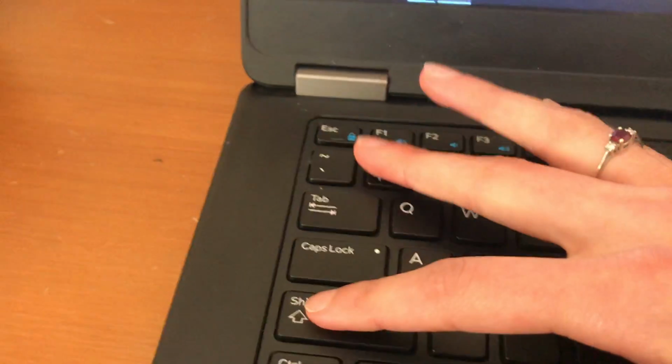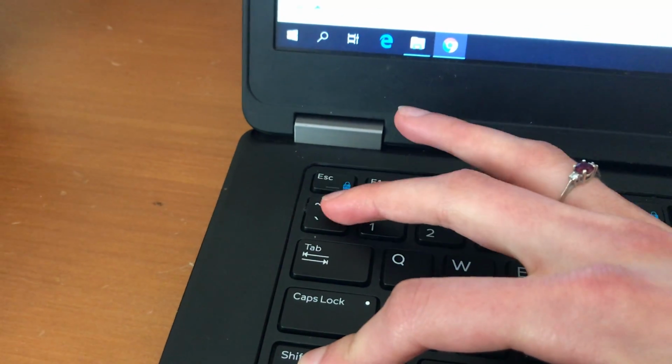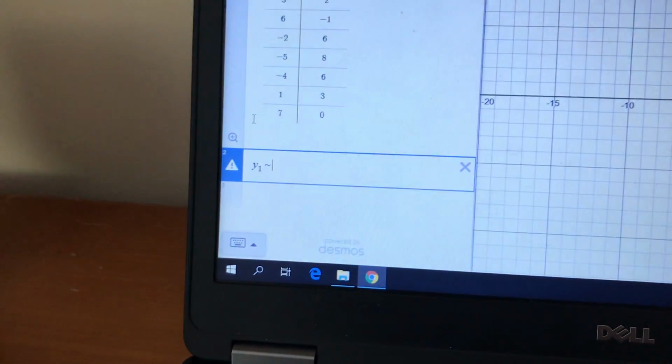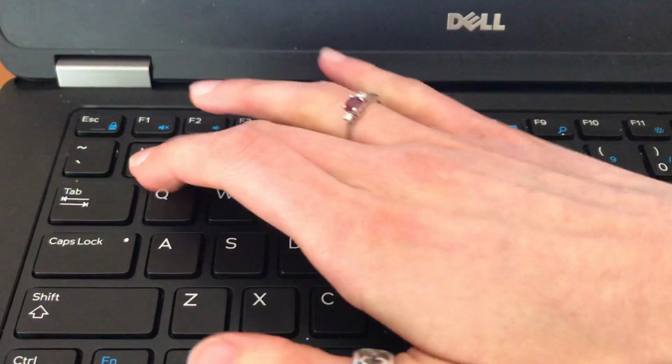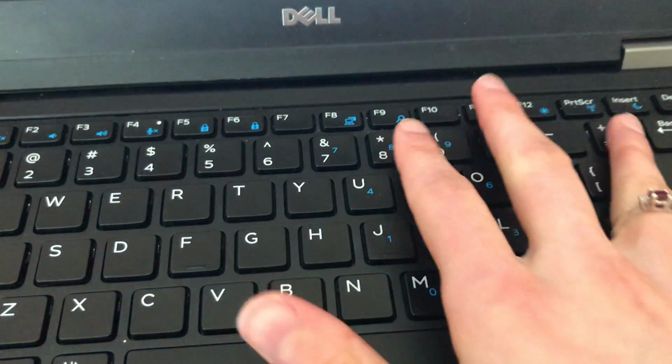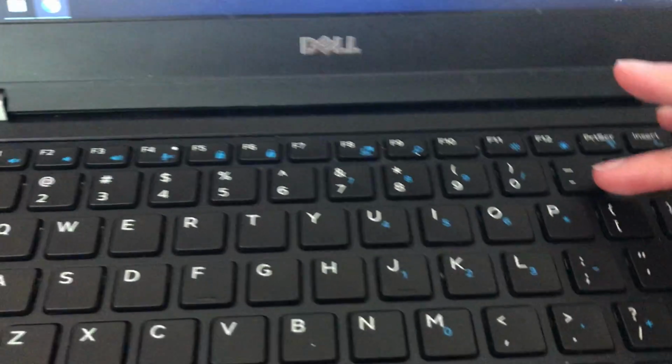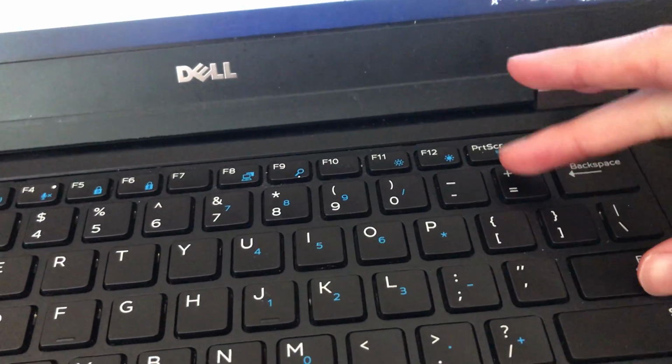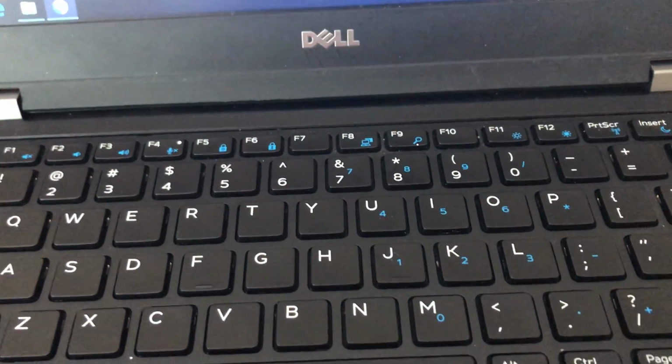Then I'm going to use the shift and this little squiggly. So Y1 is approximately equal to M X1, space, plus B. Sorry if this is giving you vertigo.